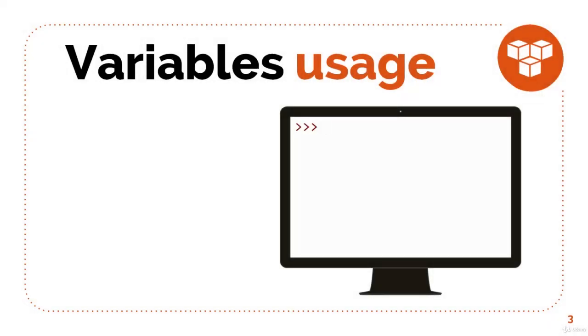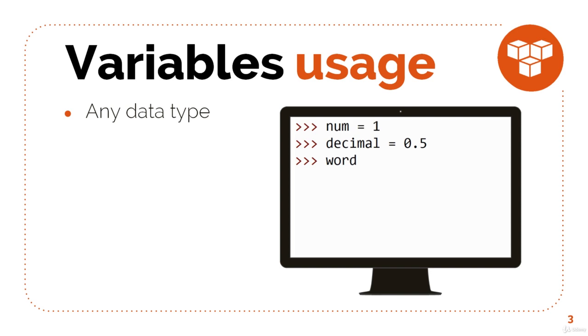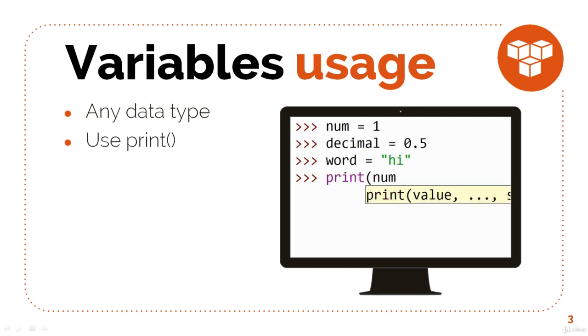How do we then use the variables? Well, firstly, any value can be assigned to a variable. In other words, all the data types you have studied so far and the ones to come can be assigned to a variable. You can use the variables in the print function by putting the name as the argument.